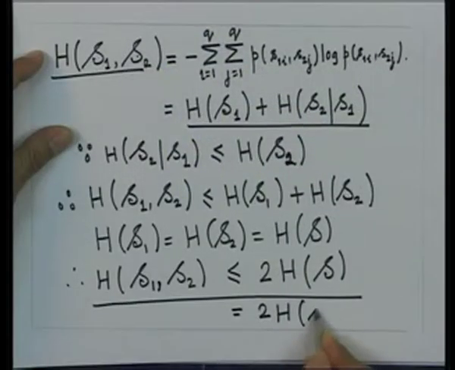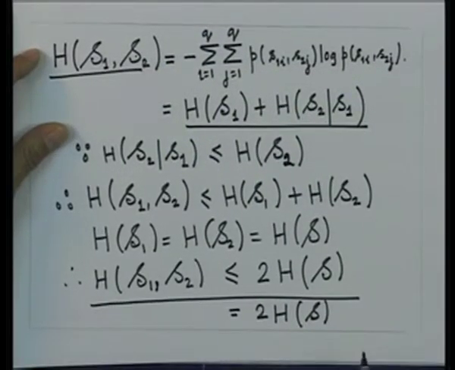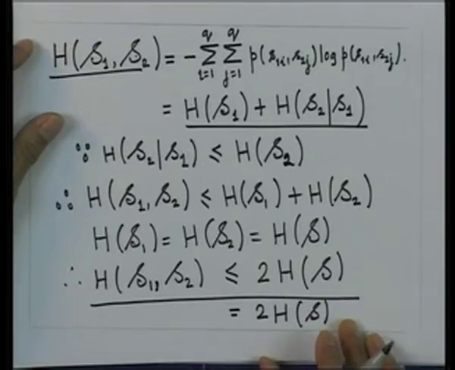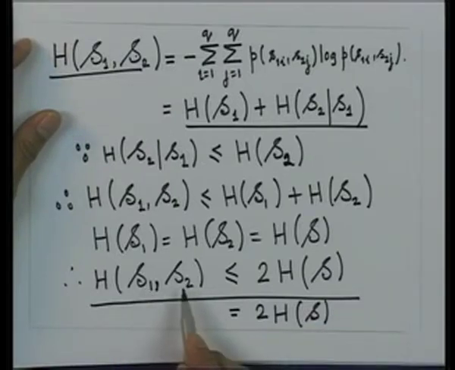Now, if this were a Markov process of 0 order, then I would have got equality, twice H of S. So, the conclusion is that whenever there is a dependency among the symbols, then for messages of length L, the total information will always be less than or equal to L times the entropy of the source.